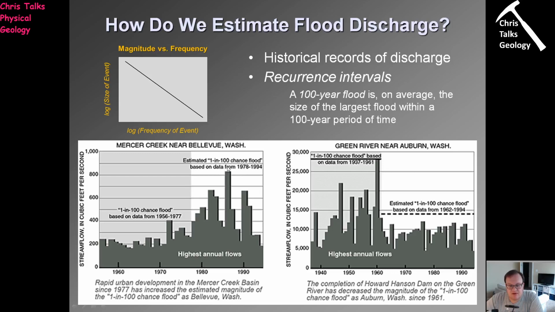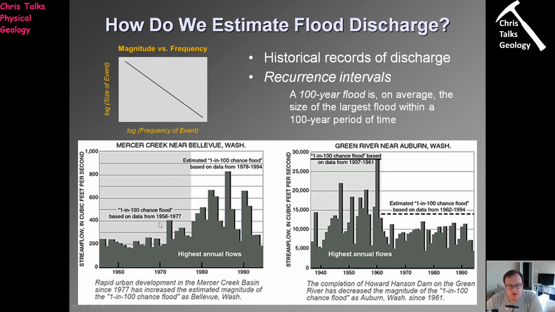Okay, and what about 1987-88? In this case, the 1 in 100 year flood would have a stream flow in excess of 800 cubic feet per second. So depending on the data, it affects the size of your 1 in 100 year flood, and that will obviously affect your planning.